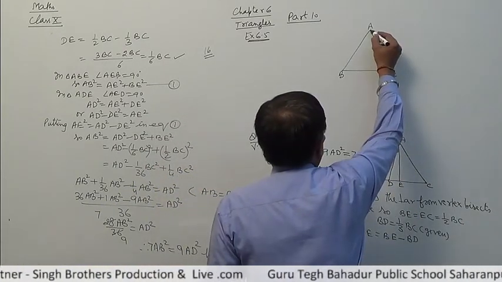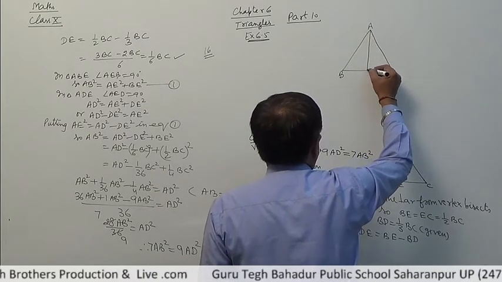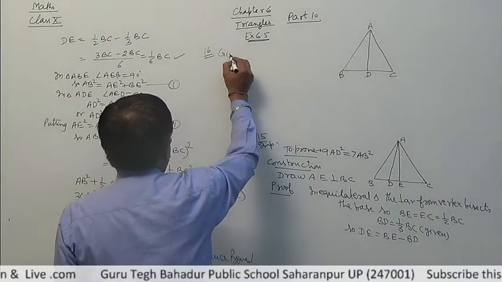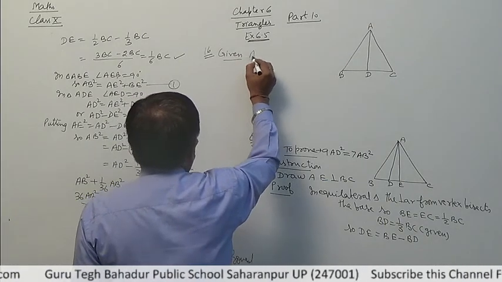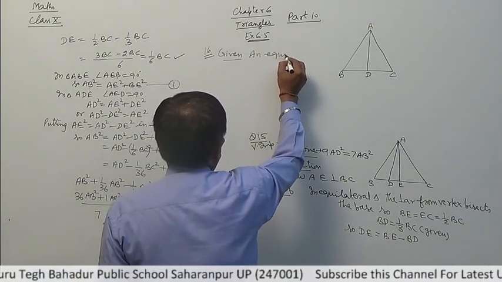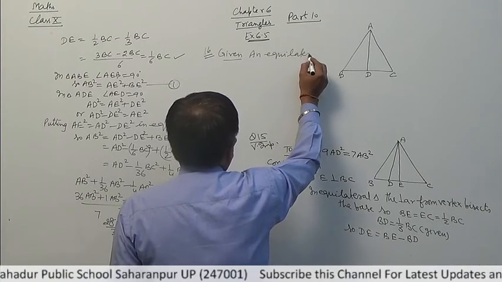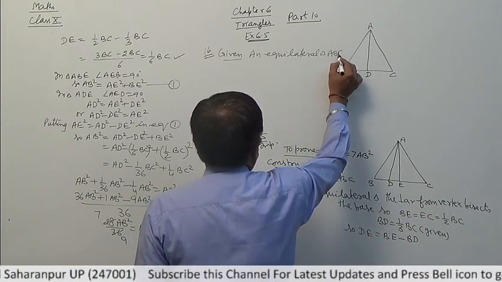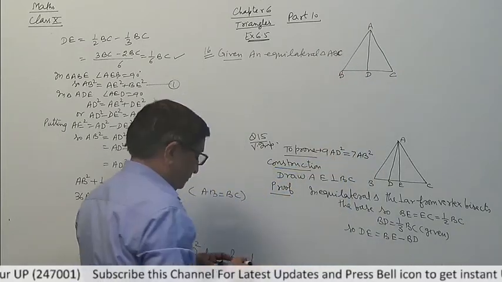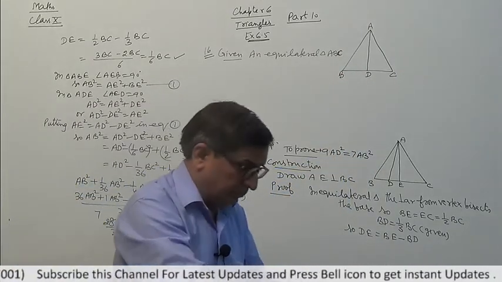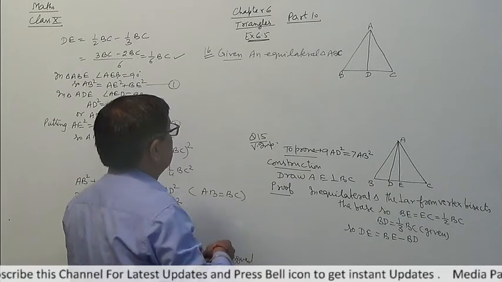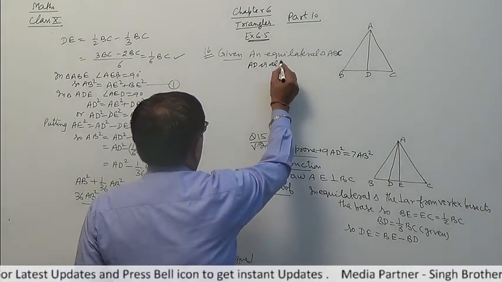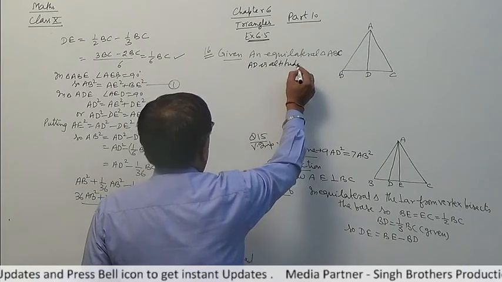This is the altitude. Given an equilateral triangle ABC, AD is altitude to BC.